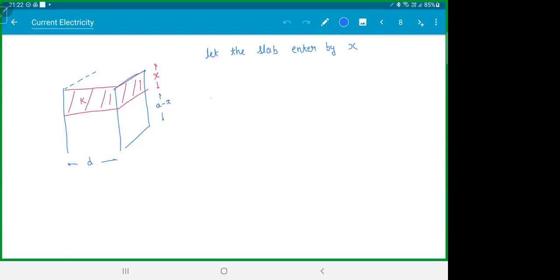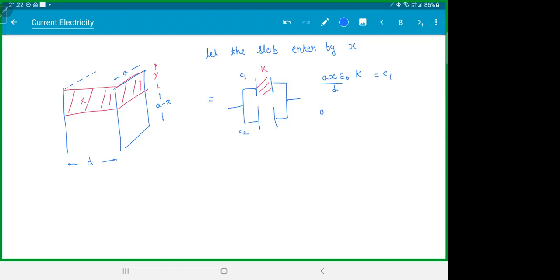How do you do these kind of things? This can be treated as two capacitors, isn't it? And both are in parallel. So this is one capacitor and this is a normal capacitor. For this capacitor, the area will be A into X, so the formula is epsilon K times A X by D. That's your C1.